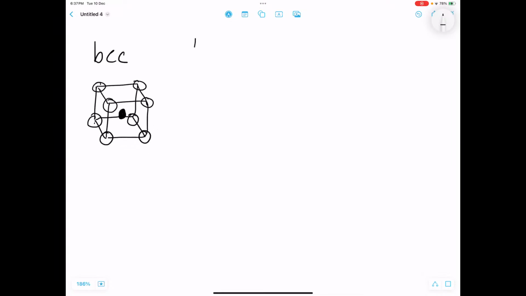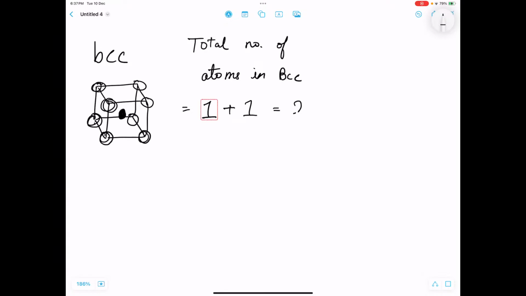So then we come to know that the total number of atoms in BCC is equal to, we know that all 8 corners make 1, plus 1, which is equal to 2. So the total number of atoms in BCC are 2.